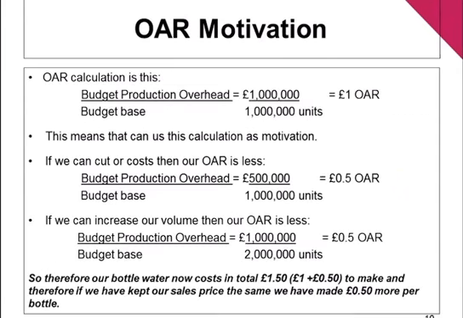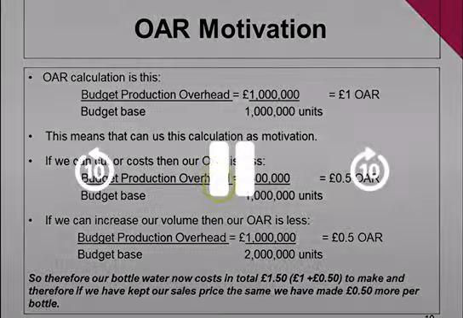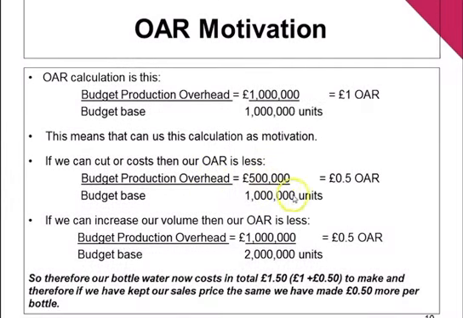Okay, so the last slide is just around how OAR is used in the real world, and it's all about motivation. So the way it works is that there's the original OAR calculation that we had, and then if we can, as accountants, try to decrease our costs, which is what you'd be asked to do, and create a saving, and we still had 100,000 units as our production, then our OAR decreases.